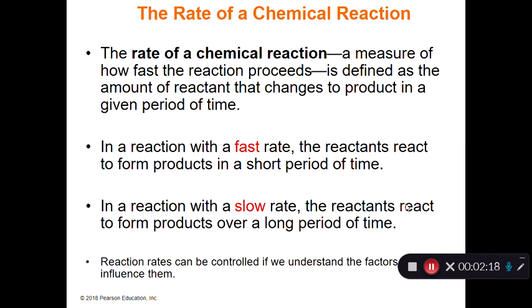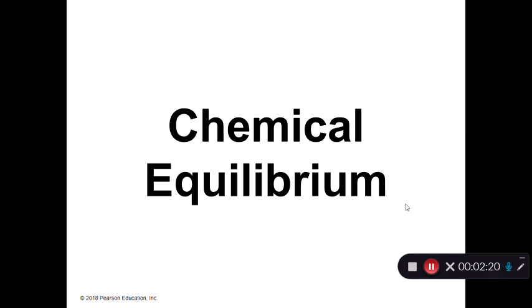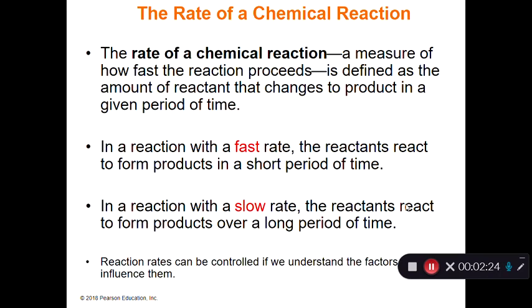Please remember that I'm going to talk about chemical equilibrium, but I started by talking about the rate of reactions. Right now, I'm going to connect the rate of reactions to equilibrium. If we study chemical equilibrium and we don't have any idea about the rate of the reactions, we cannot study our concept.